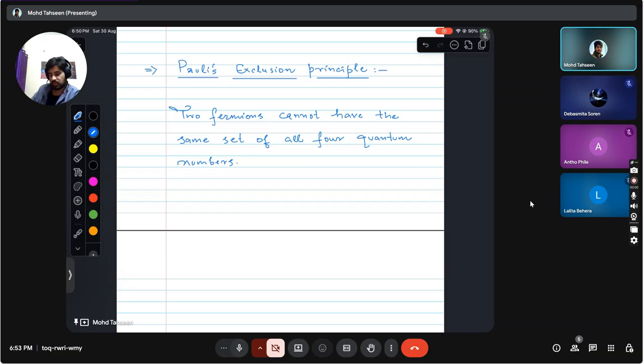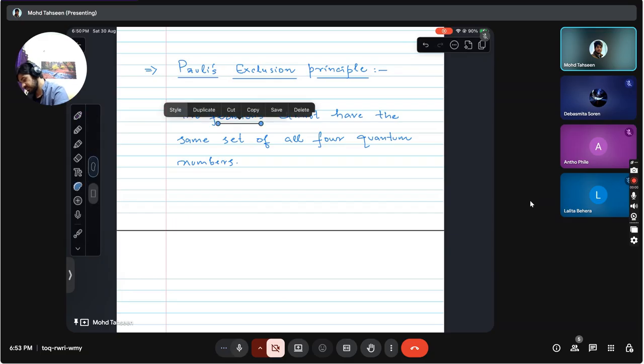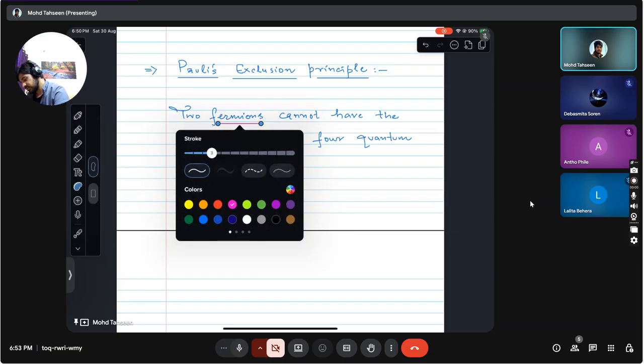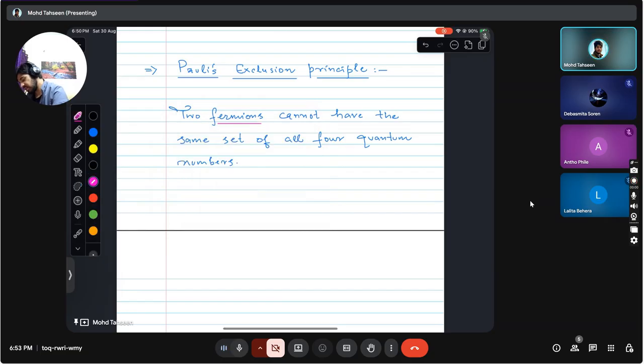Now, here's my question. So fermions, these are just particles which have half integer spin. Okay. So now whenever we say fermions, you can simply think of electrons.